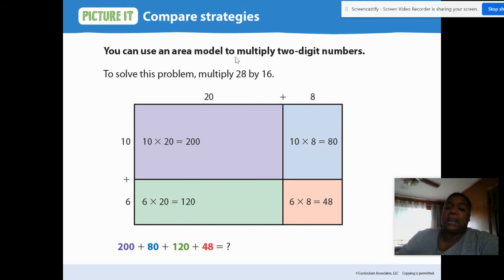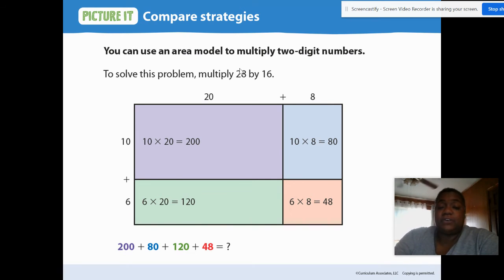So we are looking at how to solve the multiplication problem 28 times 16, or multiplying 28 by 16. The first thing we want to do with the area model of multiplication is break our two numbers down into expanded form, which means breaking each down into its smaller digits.